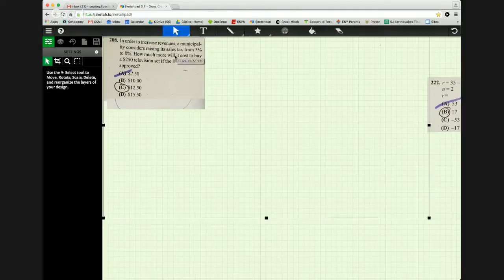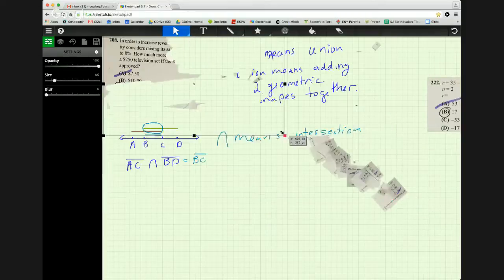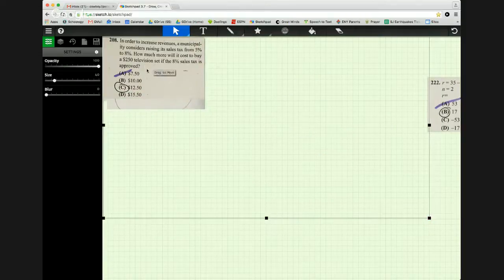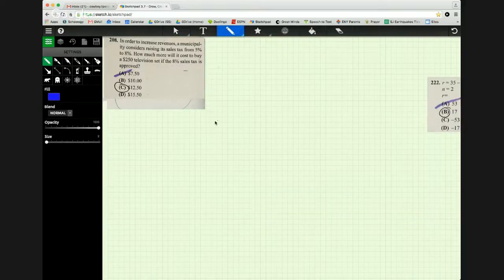Okay, in order to increase revenues, a municipality considers raising its sales tax from 5% to 8%. How much more will it cost to buy a $250 television set if the 8% sales tax is approved? Well, let's see. The cost of an item is equal to its original cost plus the tax.